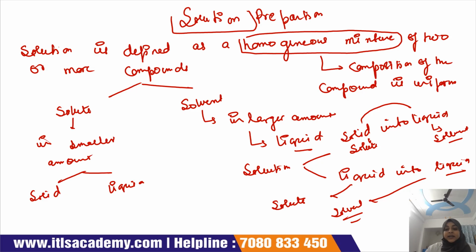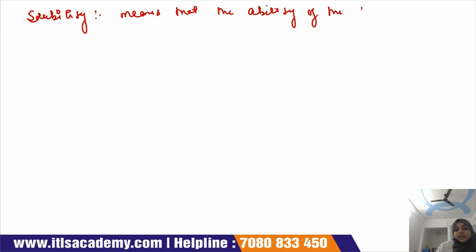Now the next, there are some terms that we use. The first one is solubility. Solubility simply means the ability of the solute to dissolve into solvent.